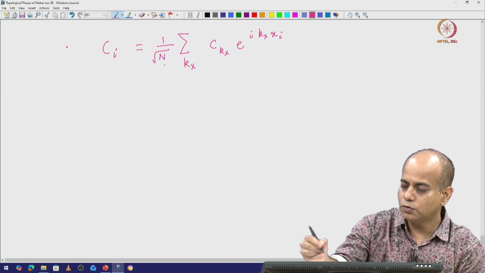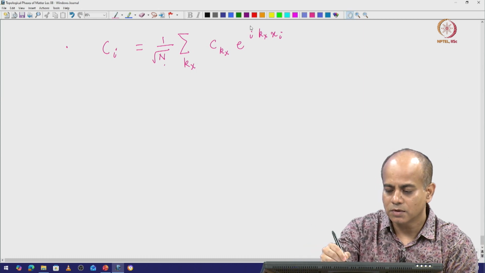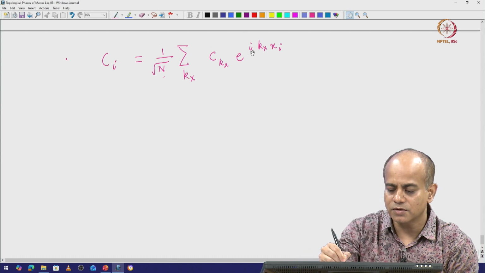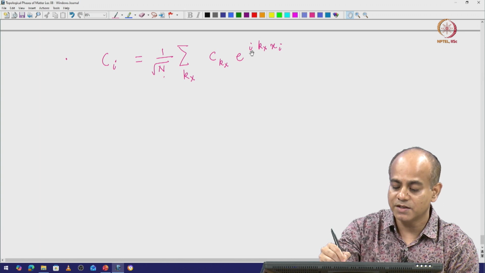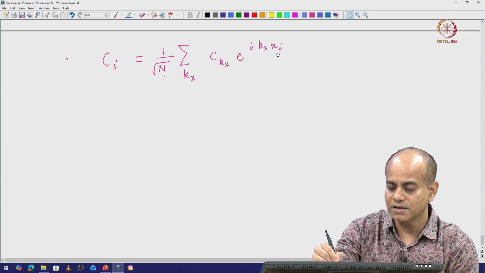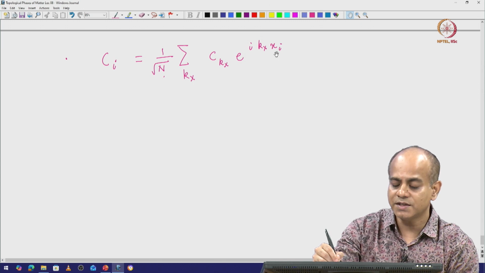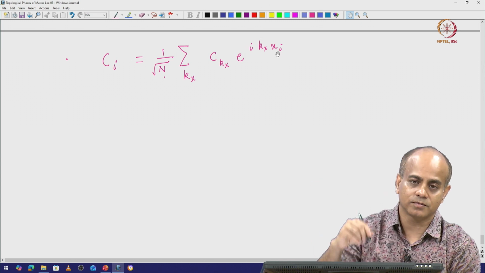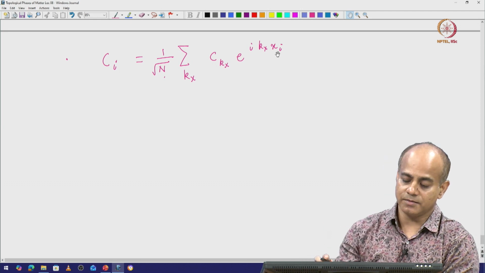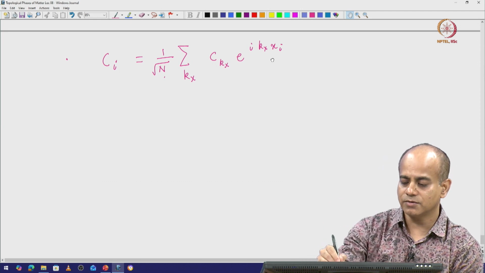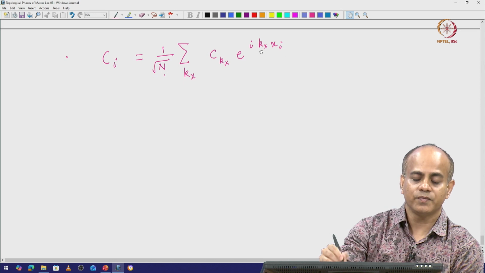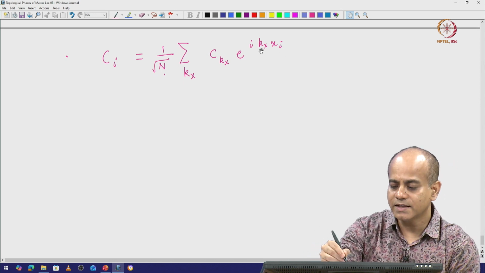There are two i's, and this is a common notation we will keep using. This i is of course the imaginary i, iota, and this is the length or the distance of the ith particle from some center of the coordinate. kx is the wave vector and kx are periodic.